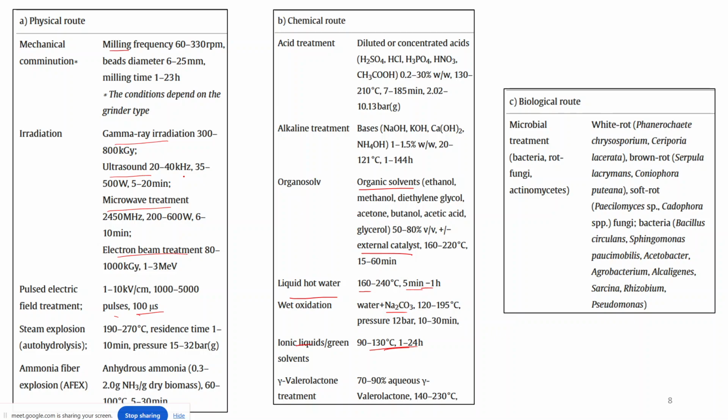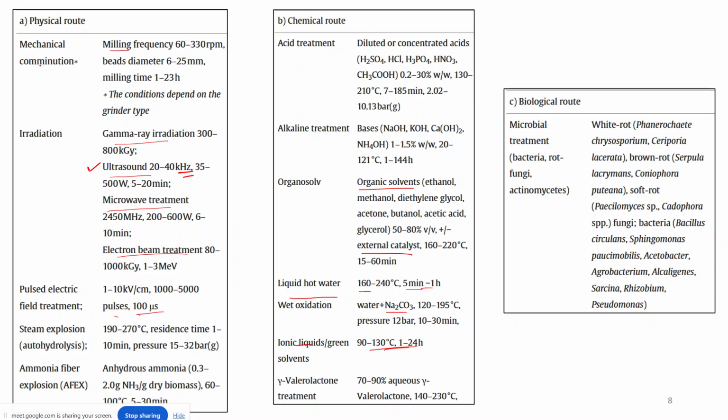Suppose we consider the ultrasound irradiation process. When we ultrasonicate the pulp, we get a well-mixed condition. Also, in the microwave treatment process, this irradiation is mostly used. So this high frequency treatment is done, and the biomass composition is somewhat broken down.